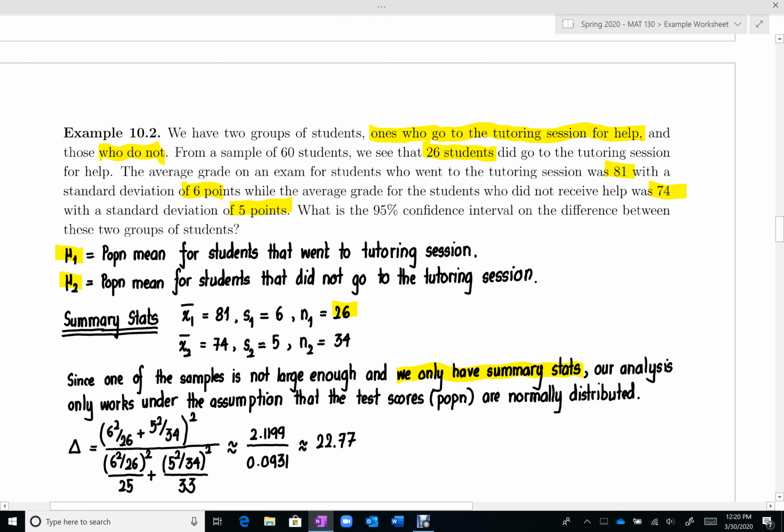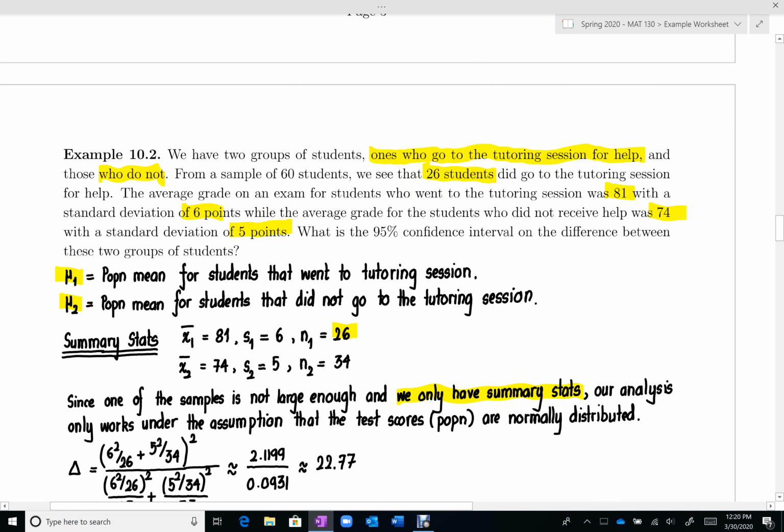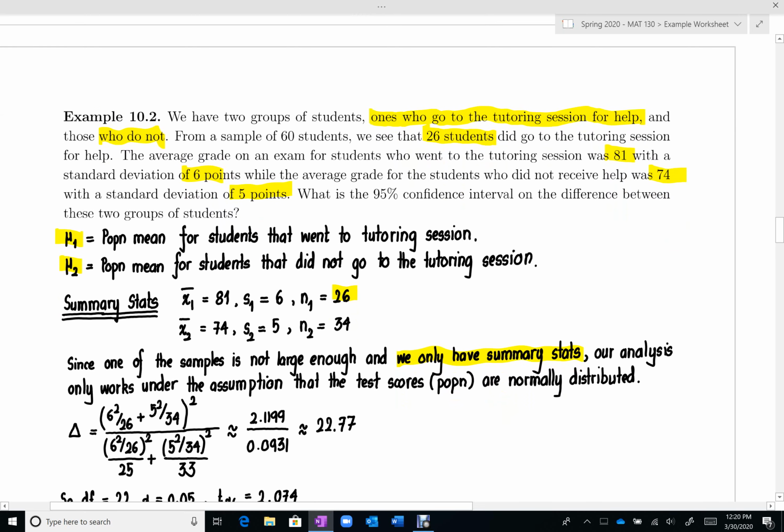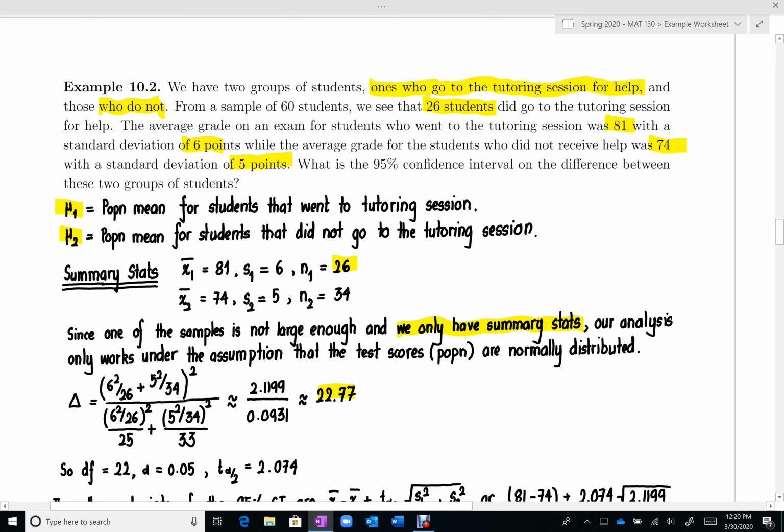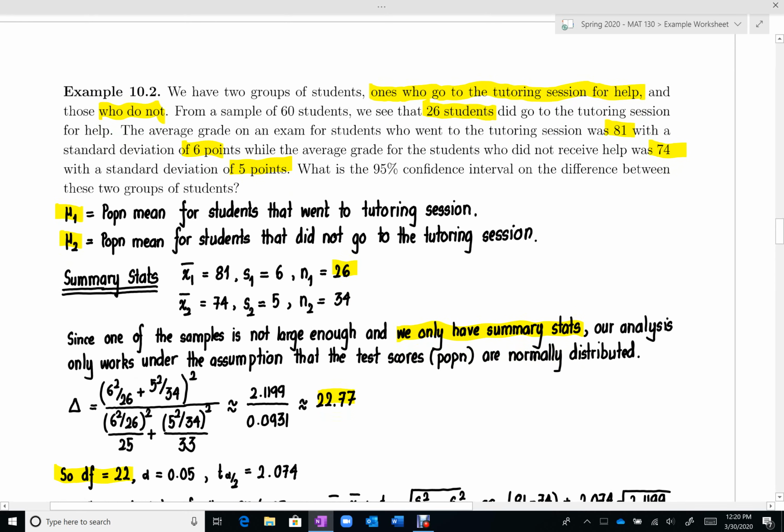Now, to find the confidence interval, what we need to do first is find the degrees of freedom. Here's the computation for degrees of freedom, and when we do the computation, we get a value of 22.77. Since we round down, the degrees of freedom we're going to be working with is 22.